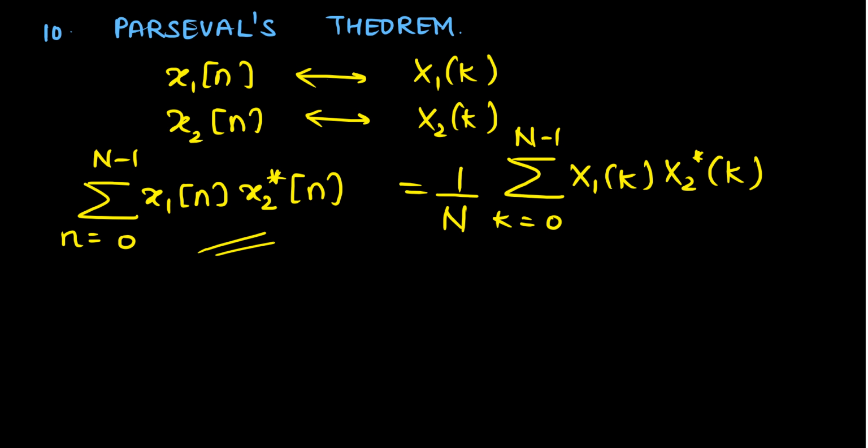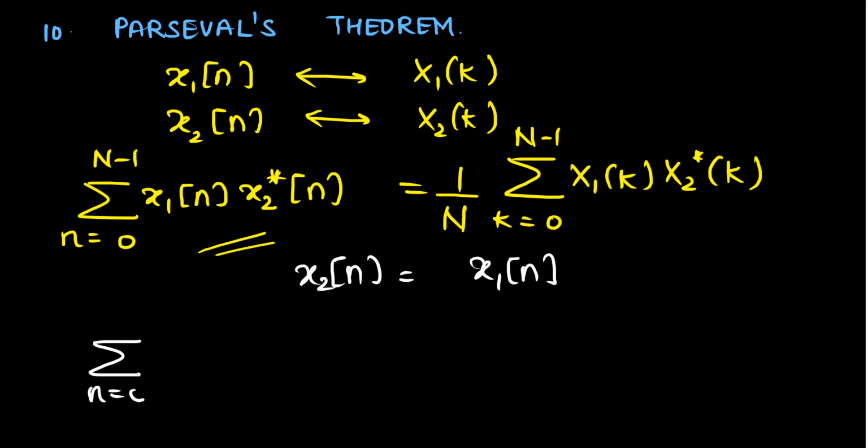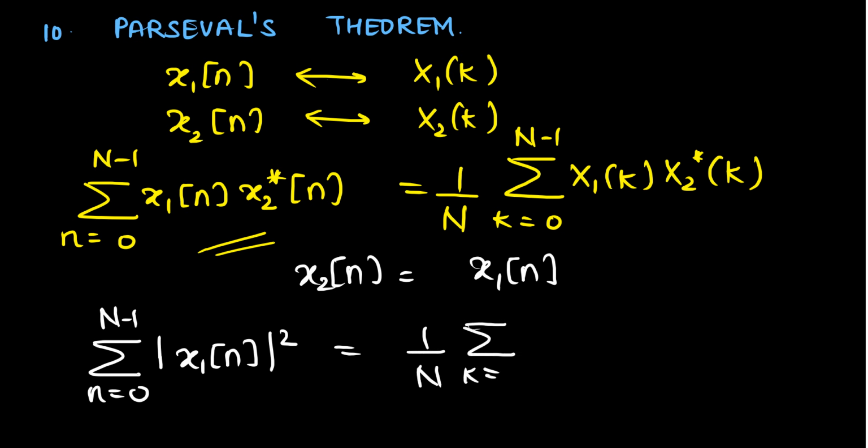Now suppose we consider x2 of n equal to x1 of n. At that point we get summation n running from 0 to N minus 1 x1 of n into x1 conjugate of n, so it can be written as mod of x1 of n squared, and it would be equal to 1 by N summation k running from 0 to N minus 1.